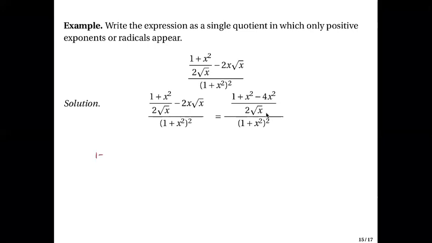So just looking at the big numerator here, you have 1 plus x squared over 2 square root of x minus 2x square root of x. This is equal to 1 plus x squared minus 2x square root of x times 2 square root of x divided by 2 square root of x.